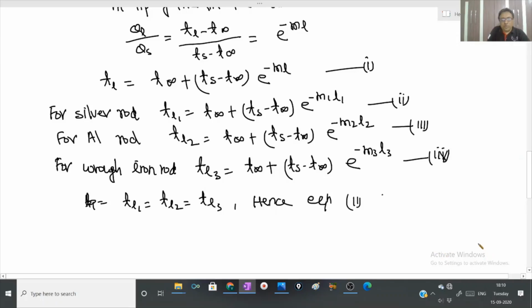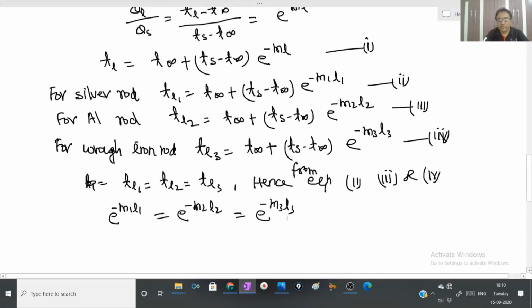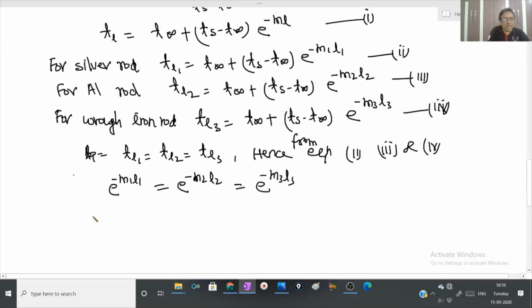Equations 2, 3 and 4. From equations 2, 3 and 4, what I will get? E to power minus m1 L1 is equal to e to power minus m2 L2 is equal to e to power minus m3 L3. Further, I can write it as m1 L1 is equal to m2 L2 is equal to m3 L3.